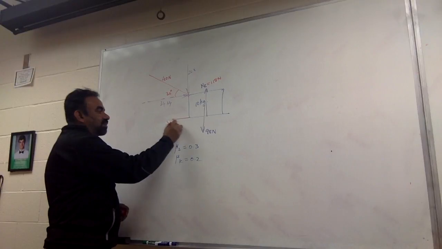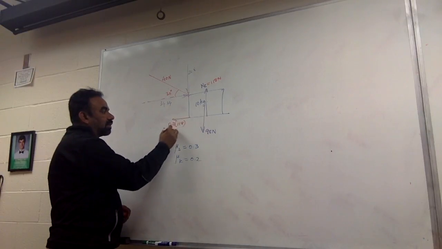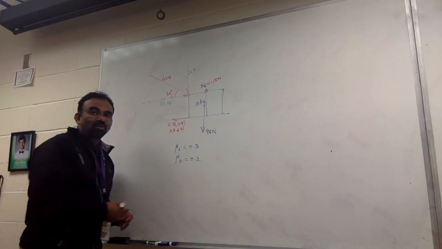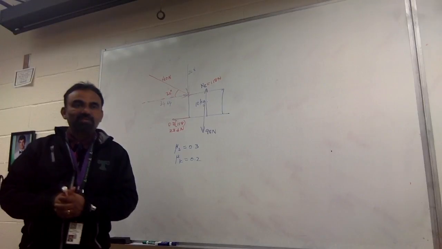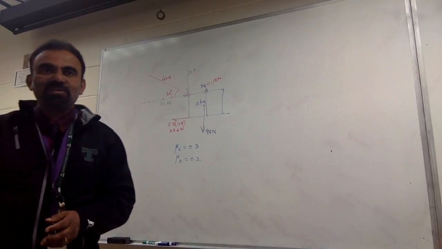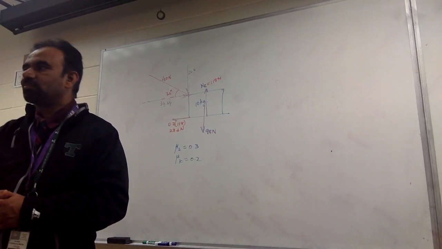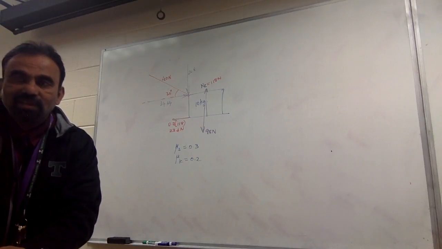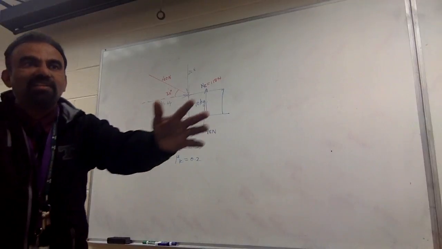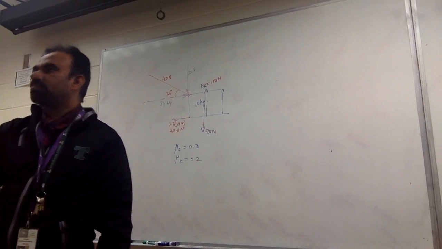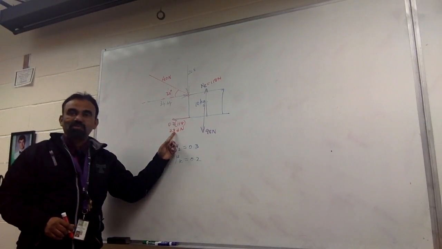It's 0.2 times 118, which is 23.6. But that release was required. Unless someone came and touched it like that, it won't go. You'll be pushing with 40 and it's not moving. But someone came and just gave it a little push, and then the whole thing becomes kinetic.